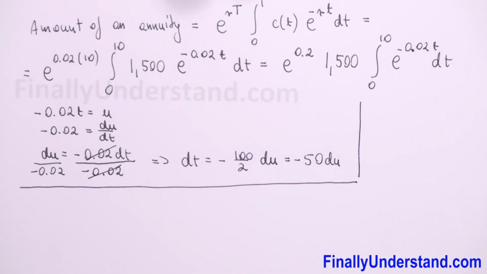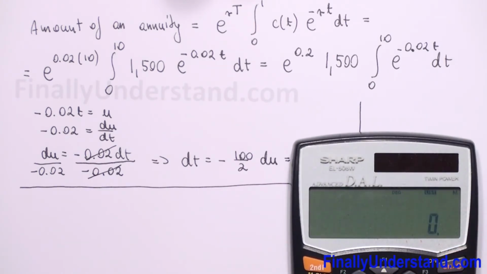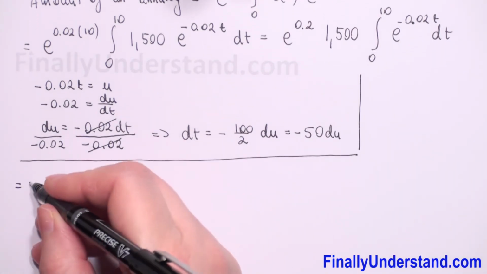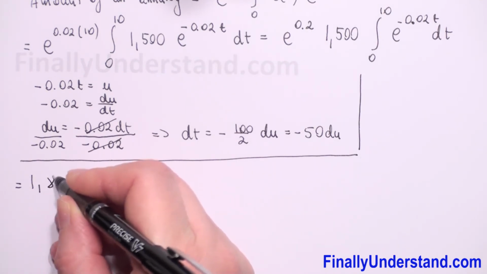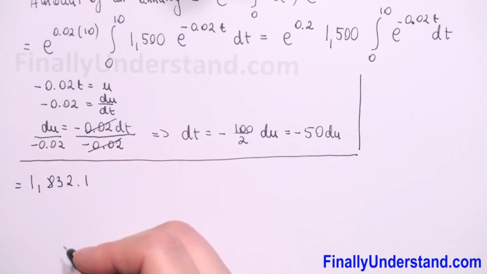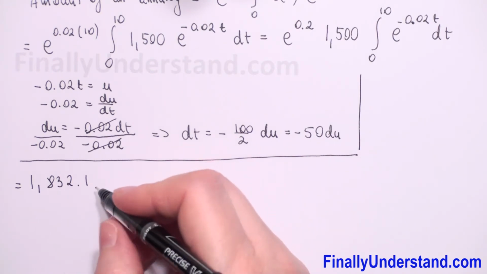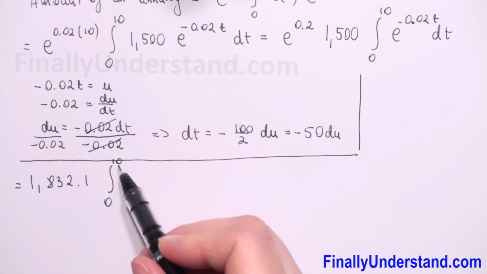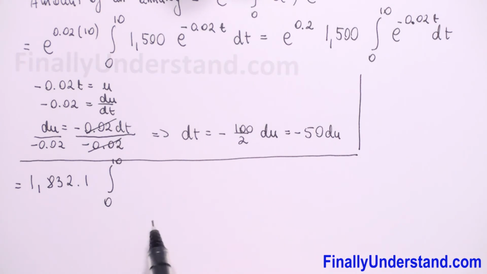We can use a calculator to find how much is e to the power 0.2 times 1,500. This is 1,832.1. And now we have the definite integral from 0 to 10. I didn't change the limits, so at the end I have to come back to our substitution before I plug in the limits.